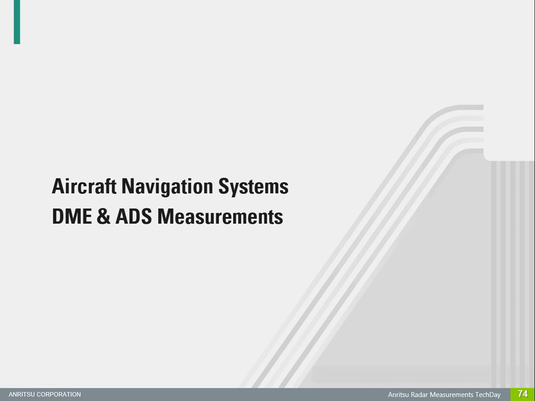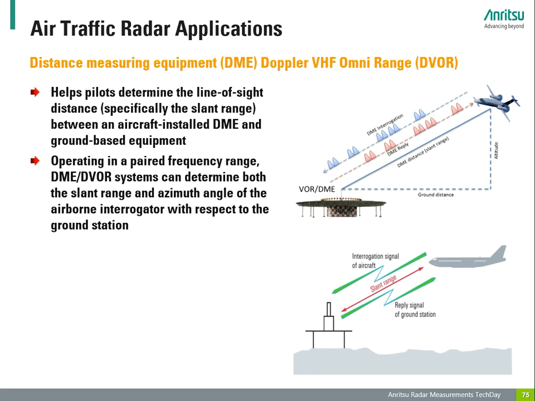Aircraft navigation systems, DME and ADS measurements. In aviation, distance measuring equipment, DME, is a radio navigation technology that measures the slant range, the distance, between an aircraft and the ground station by timing the propagation delay of radio signals, typically in the frequency band between 960 to 1215 MHz.